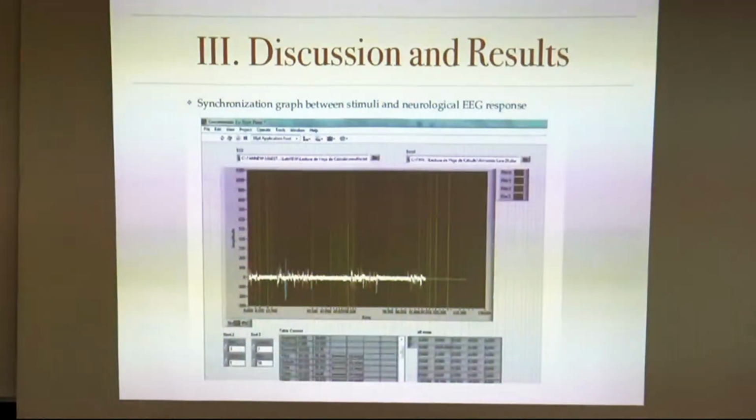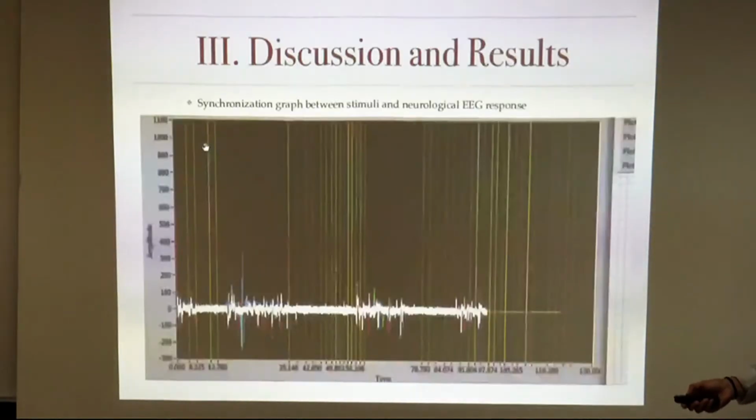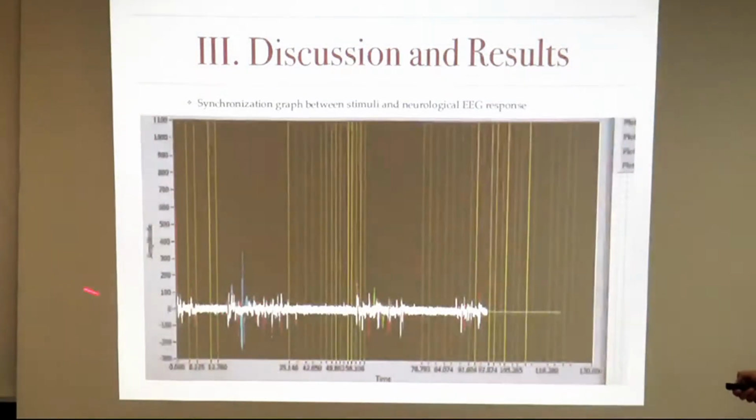And there is a LabVIEW interface which matches or synchronizes the EEG signals, which are the lines in black and white and blue and red. And the yellow lines are the time markups to indicate a task, an instruction, the beginning of the basal measurement, or a sequence, or a specific task.